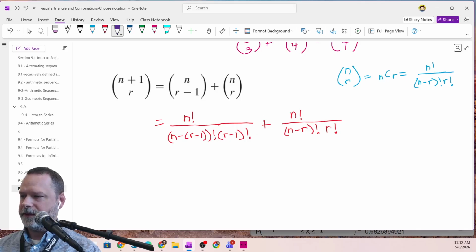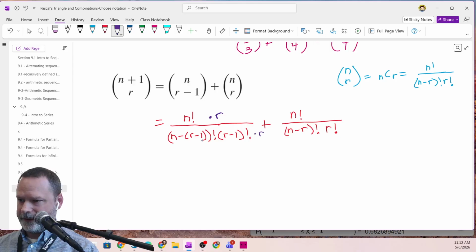So I think if I multiply top and bottom here by r, we got r factorial, because r times r minus 1 factorial is r factorial. So that's going to get me the r factorial is the same. But to get n minus r factorial, that one's a little trickier.